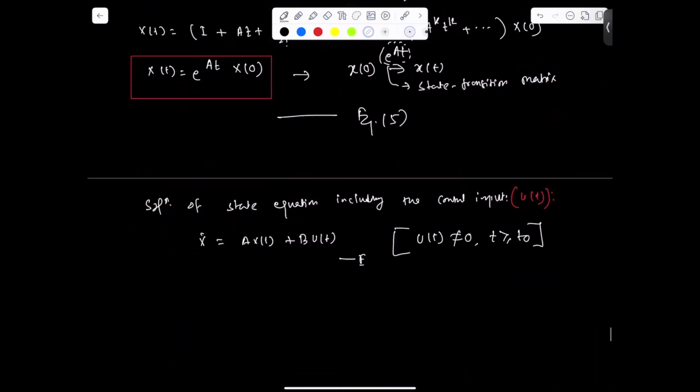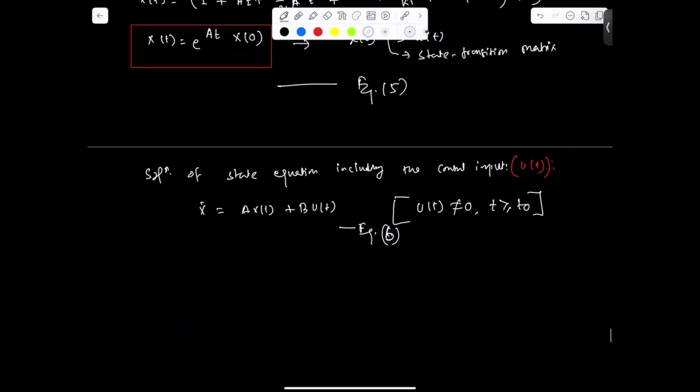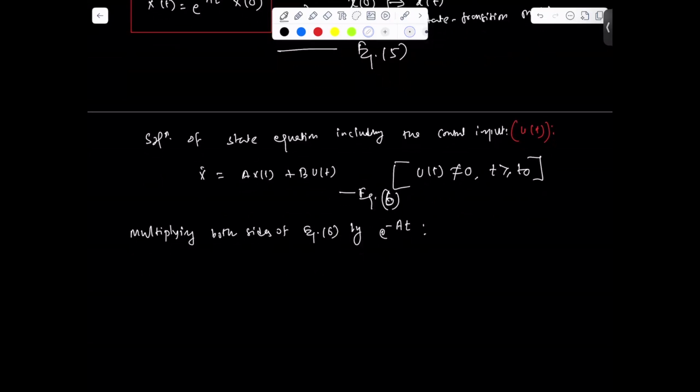Let us use equation number 6. Now, if you multiply equation 6 by the term e to the power minus At, the same procedure you have done for the scalar system, multiply both sides of equation 6 by e to the power minus At, we can write e to the power minus At times x dot minus A x of t equal to e to the power minus At B u of t.